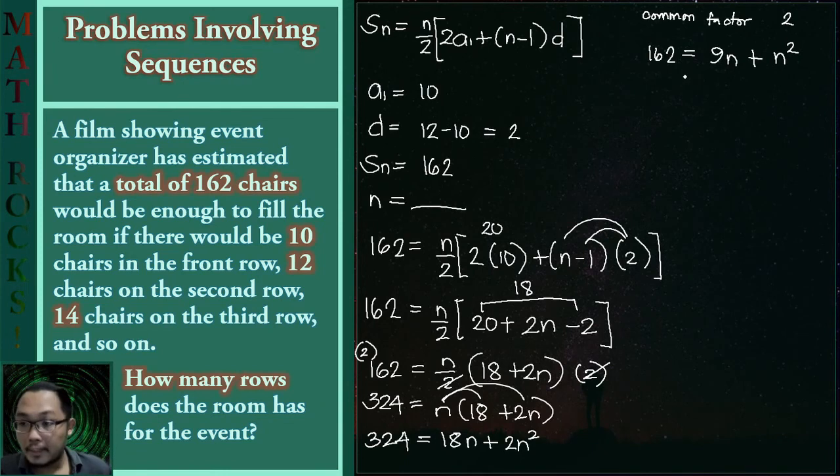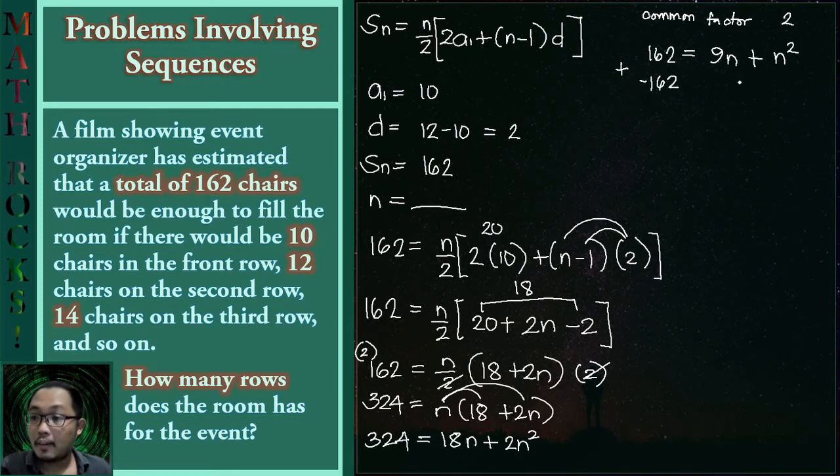Now let us write a quadratic equation in this format. Having this 162 be transferred to the other side, applying APE, we must add the opposite of 162, which is negative 162, to both sides of the equal sign. So let me have it here.